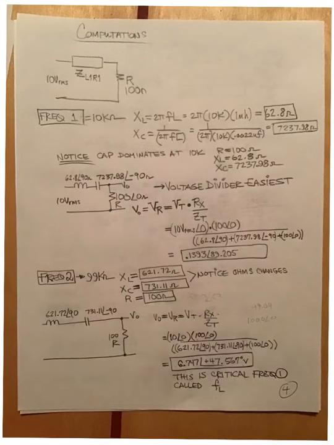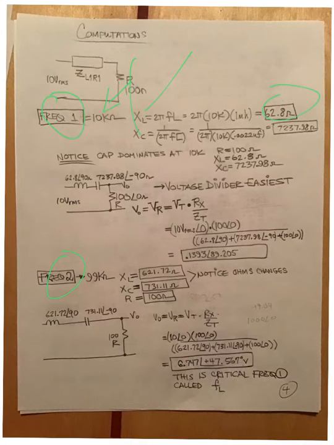It all boils down to calculating over and over and over. Here's frequency 1, frequency 2, and all the work that goes on in between. We need to calculate X sub L and X sub C at this given frequency of 10K.